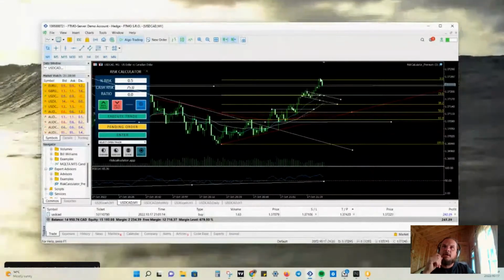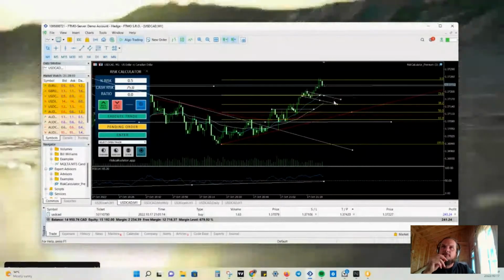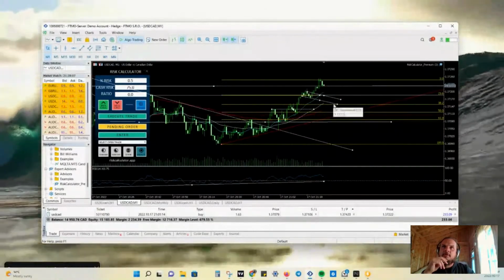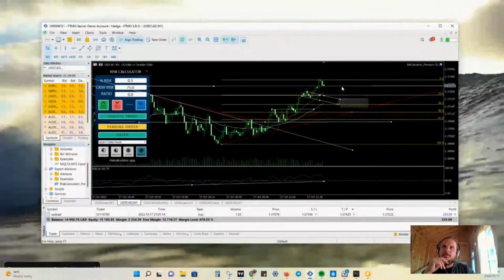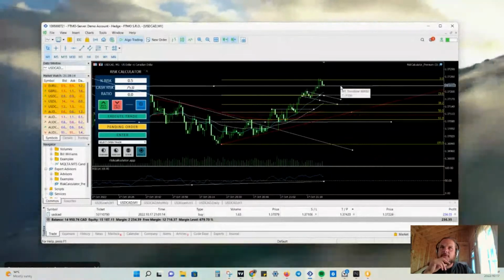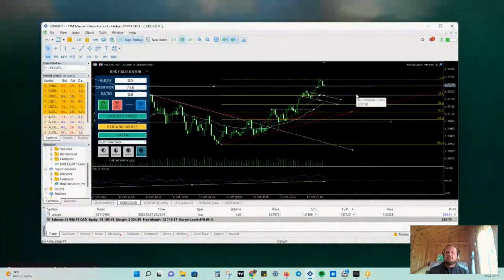Higher high, higher low, higher high, still a higher low. We'd have to change this trend. It would have to come down to here, and it might bounce. So we would still probably take profits in a good spot.